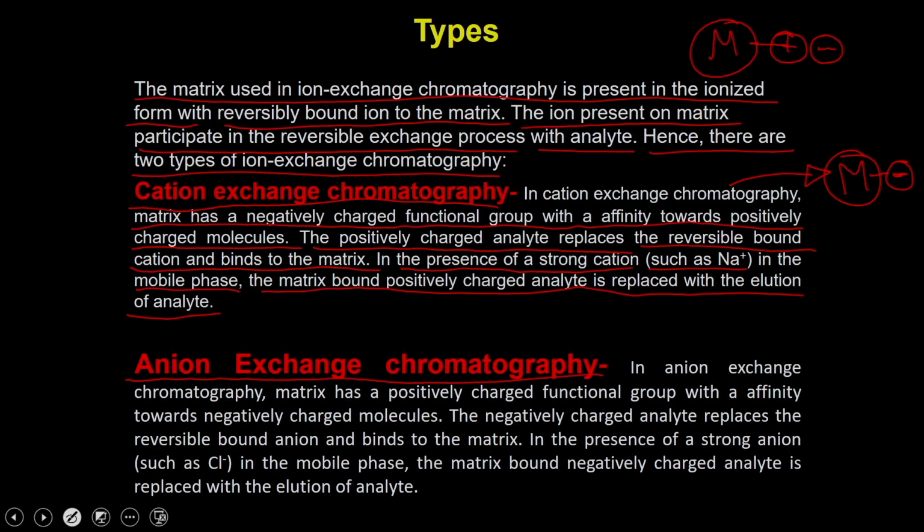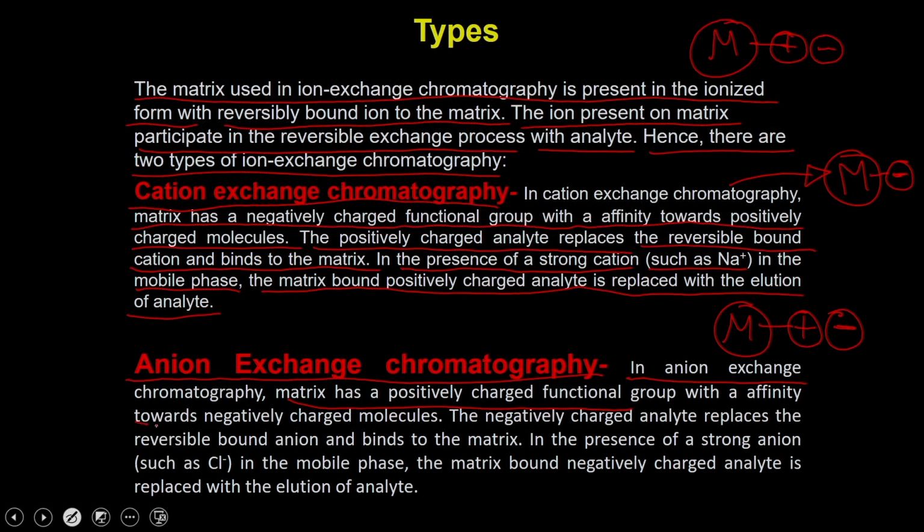and that is how the analyte is eluted. Now, in anion exchange chromatography, it is completely reversed. In anion exchange chromatography, the matrix has a positively charged functional group, which has a counter ion of negatively charged anions.